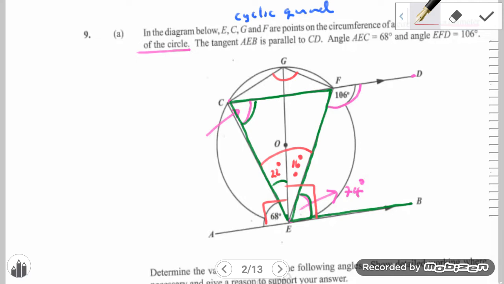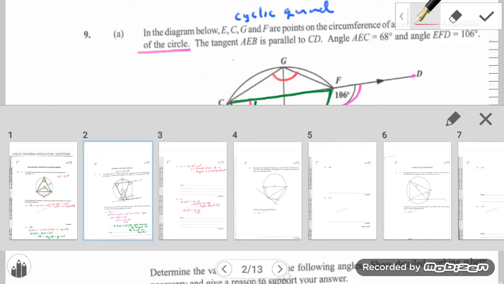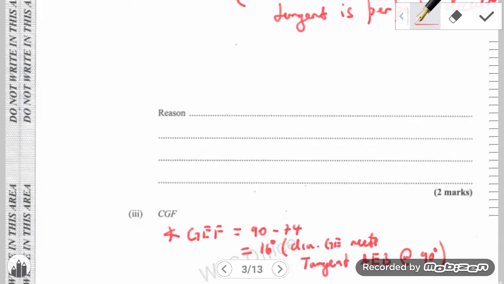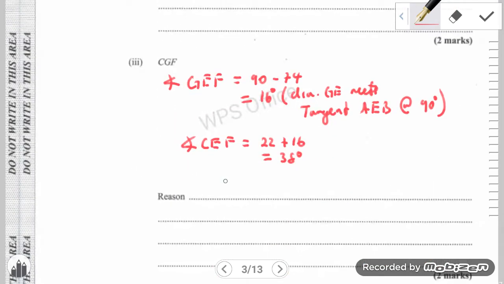So we easily can say that angle CGF is 180 degrees minus the 38 we just found. So therefore we can say that angle CGF is equal to 180 degrees minus the 38 that we just found, and that's going to be equal to 142 degrees.